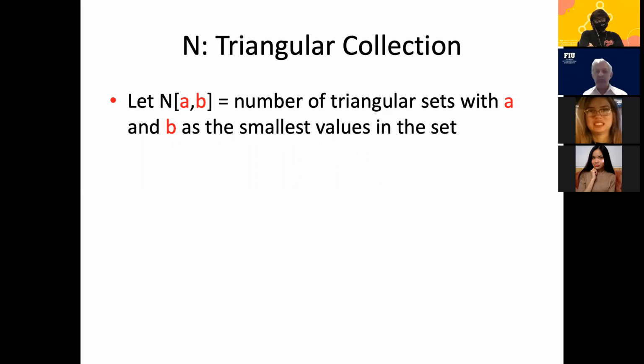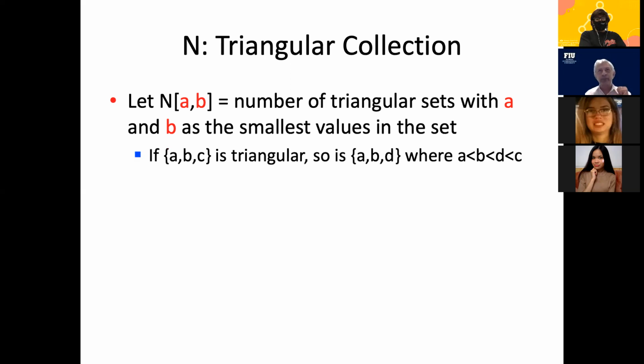Okay, so we really want to know if A and B are already 2 sides of the triangle, what can the third side be? What values can C take? This is what we want to know. Now here it turns out that we can apply some tricks to do this somewhat quickly.